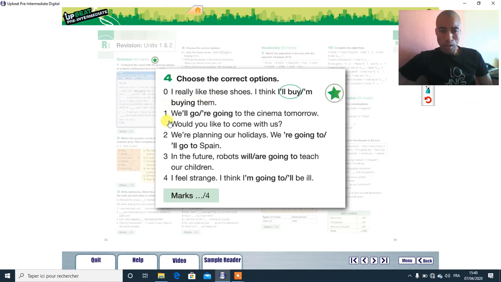For number 1, I think that if you want to find out more about the difference between will and present continuous, then you just go to the lesson, and you will understand the difference between them in the context of each sentence right here. Okay, so you will choose the right option, right, to fix this exercise 4.